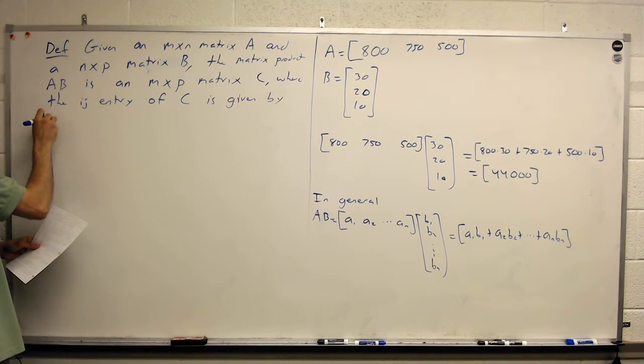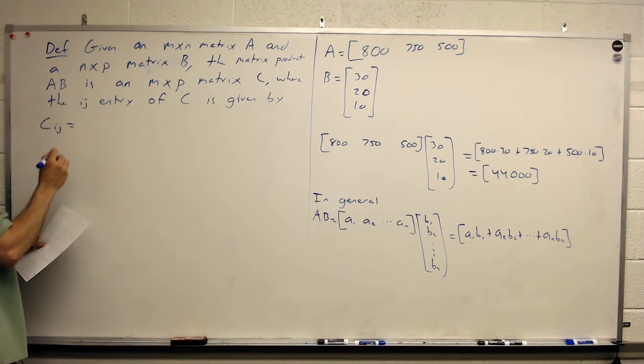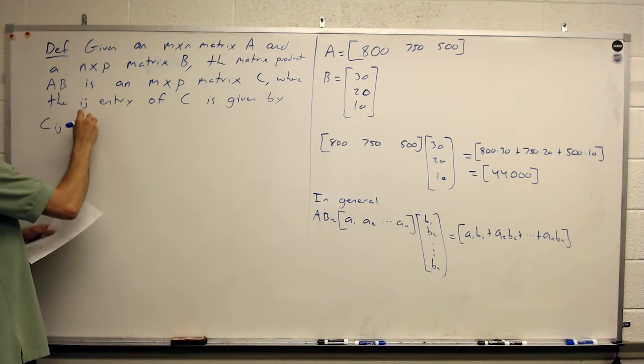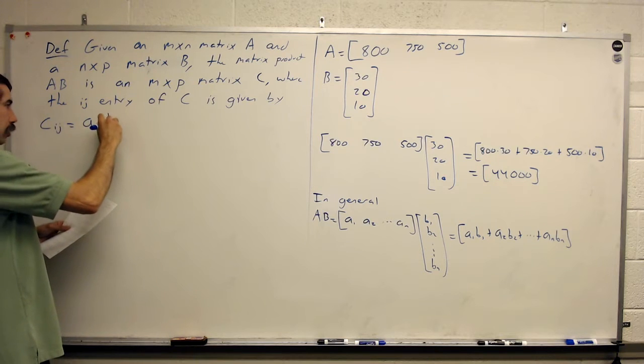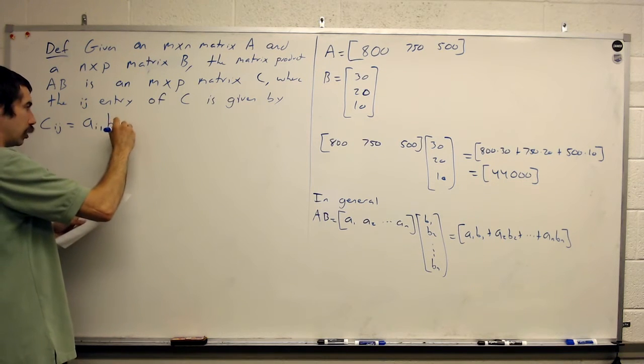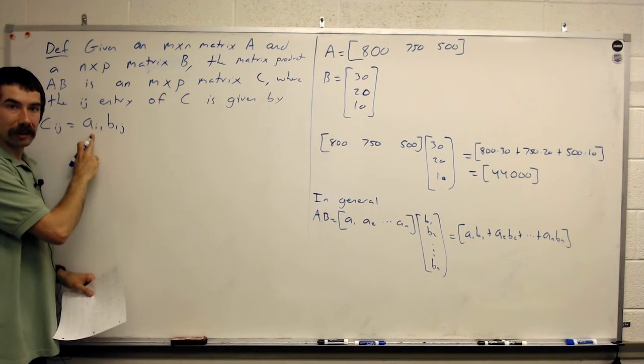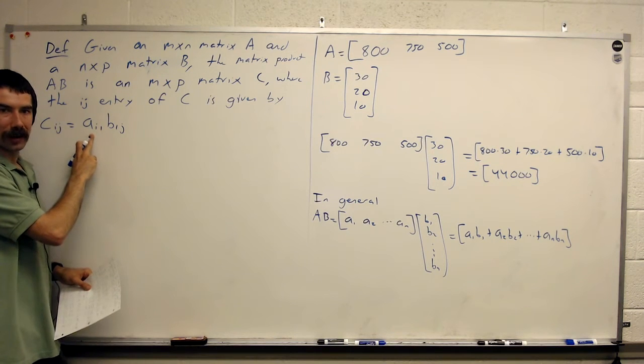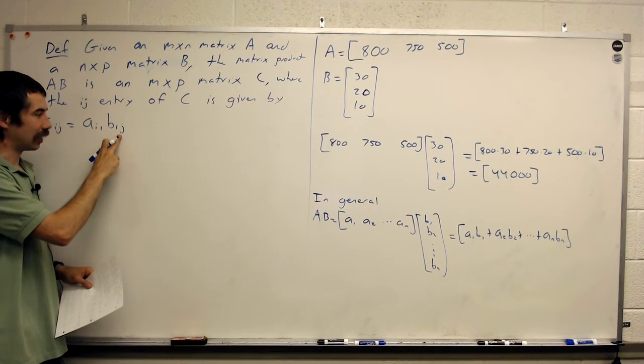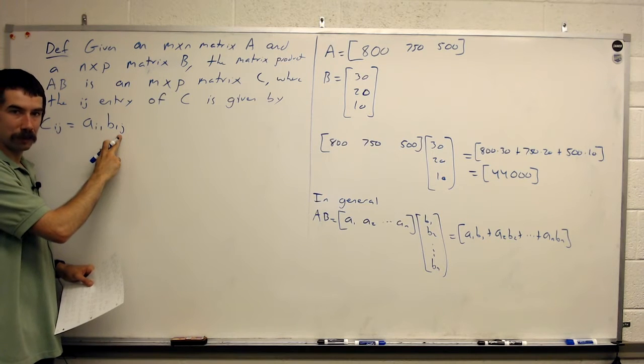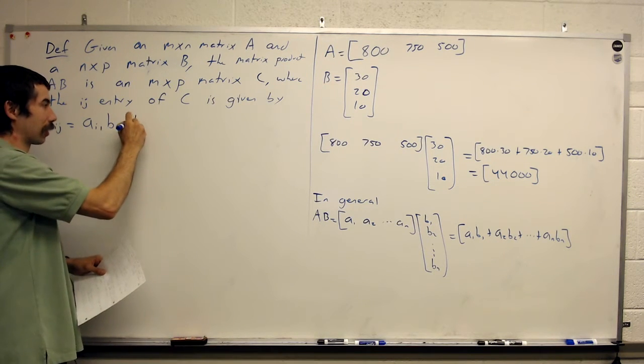the following. Cij equals Ai1 B1j. So you go to the ith row of A and the jth column of B. All right, we're going to continue.